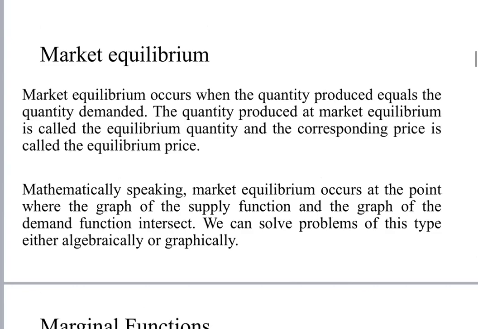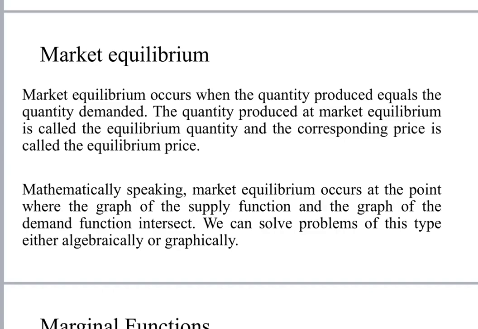And one more thing I want to explain, that is another rule or model. Market equilibrium. Market equilibrium occurs when the quantity produced equals the quantity demanded, demand equal to supply.